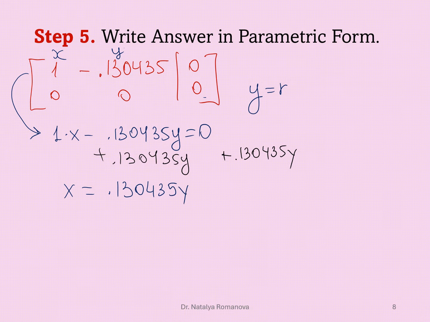I remember what y is. Y is the parameter, and I have to write the answer in parametric form. So now we write x using the parameter r: 0.130435r.